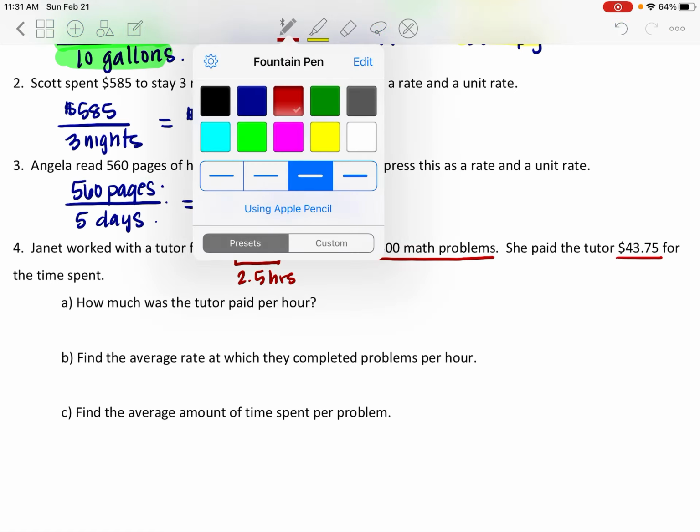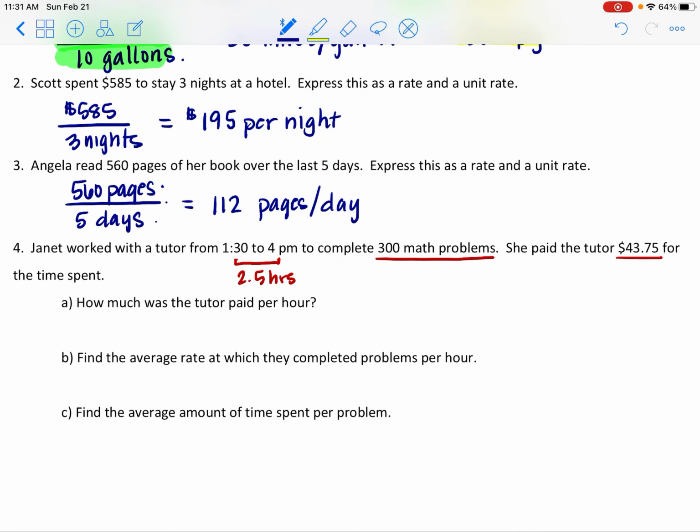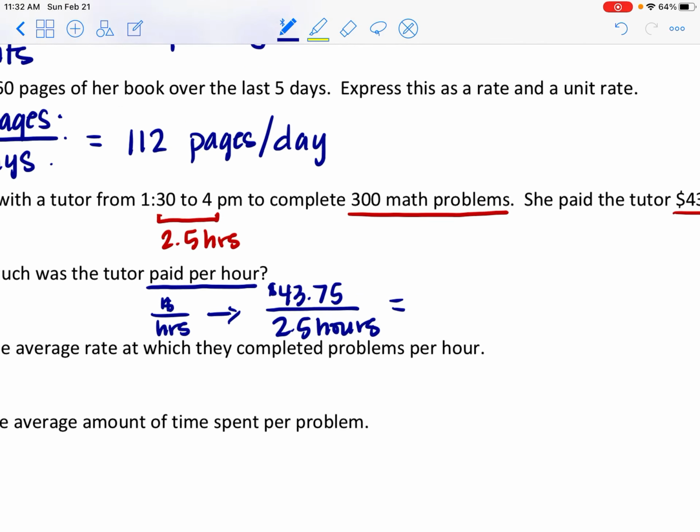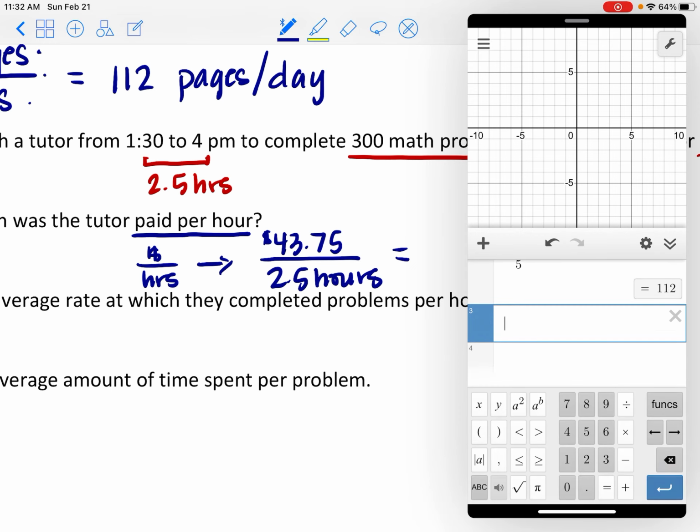So the first question here says, how much is the tutor paid per hour? Paid per hour means we're looking for money divided by hours. So in this case, she was paid $43.75 for 2.5 hours. If we divided that out, then we'll find the average that she was paid per hour.